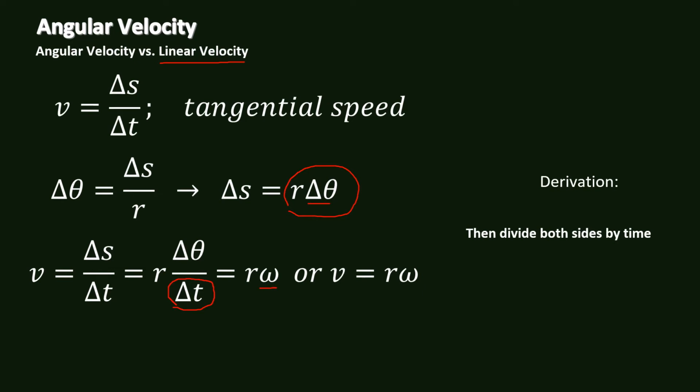And this is the final conversion equation where we convert from linear velocity, tangential velocity, to angular velocity. So if we know the radius and we know the angular velocity, we can convert to tangential velocity.